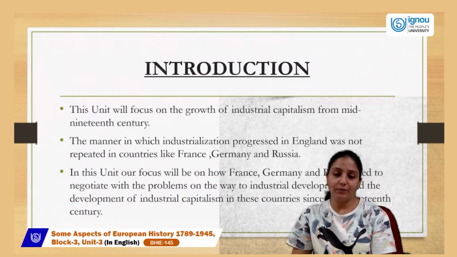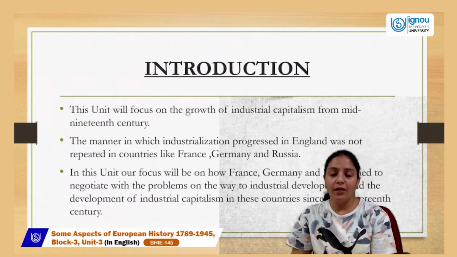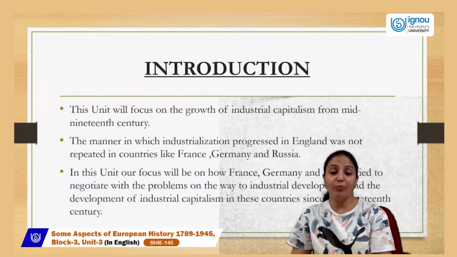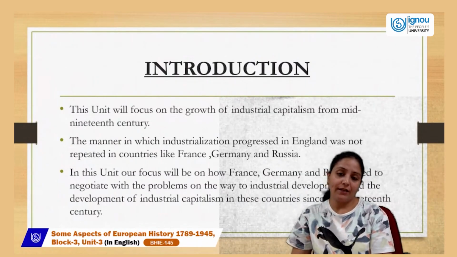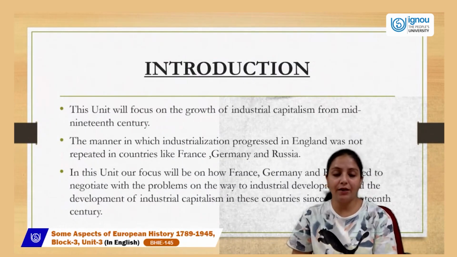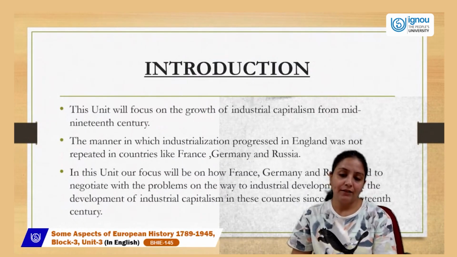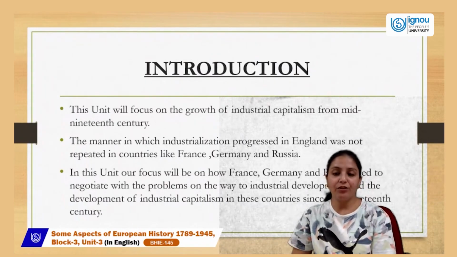Industrial capitalism, how the economy and the money was increasing, the growth of capital, the growth of industrial capitalism was increasing at that time in the mid 19th century. The manner in which industrialization progressed in England was not repeated in countries like France, Germany, and Russia.